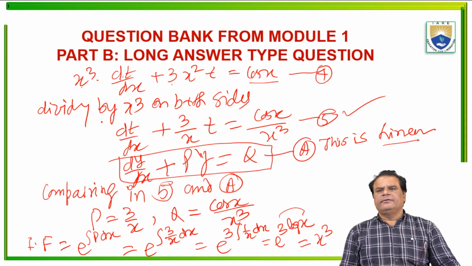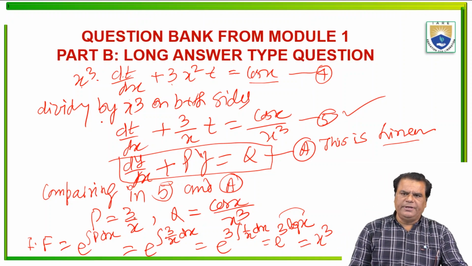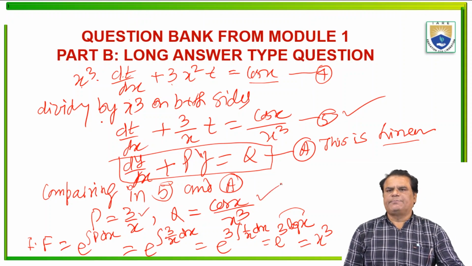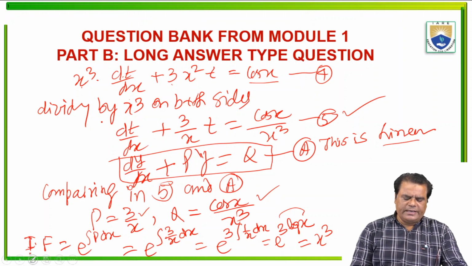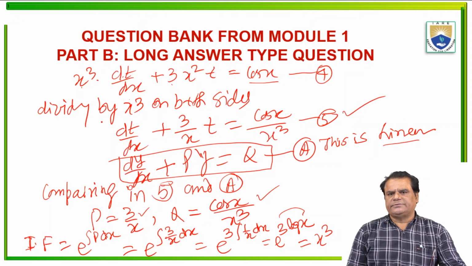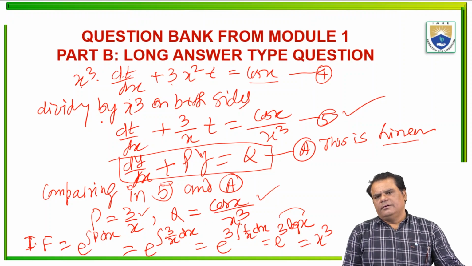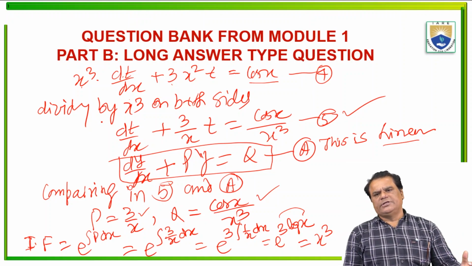After comparing equation 5 with the general form, we find P is 3/x and Q is cos x / x³. Now first we find the integrating factor, IF. The IF formula is e to the power integral P dx. We have discussed all formulae in the last video when we defined the linear differential equation.